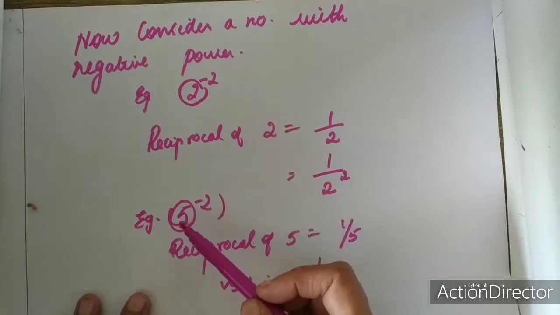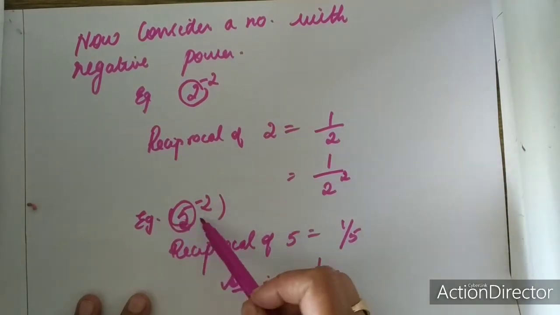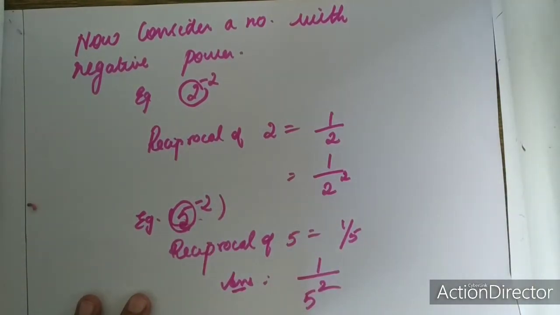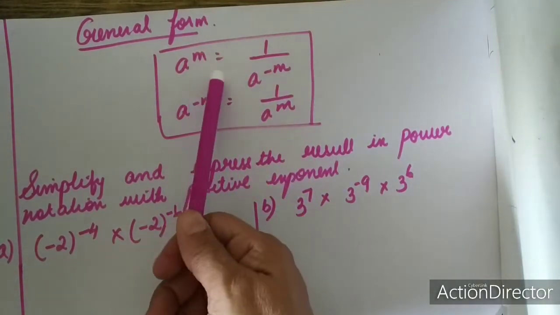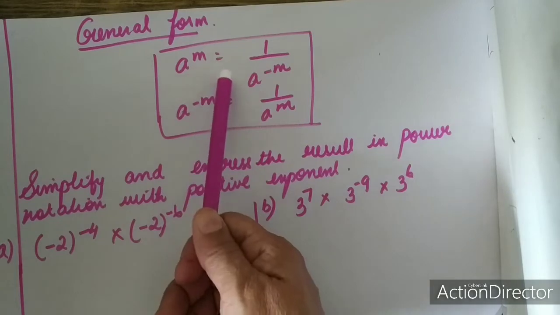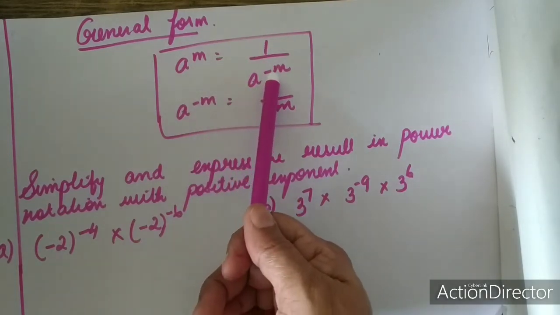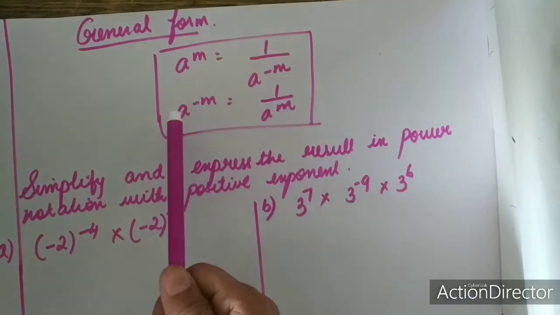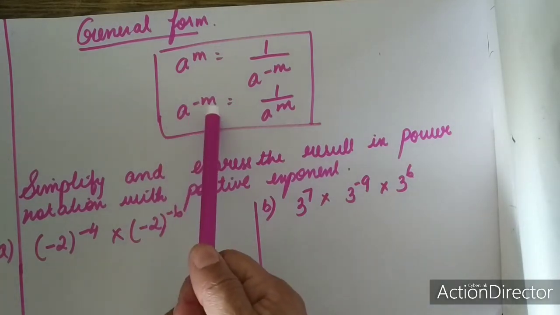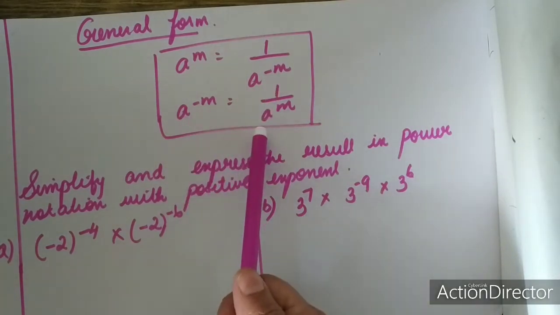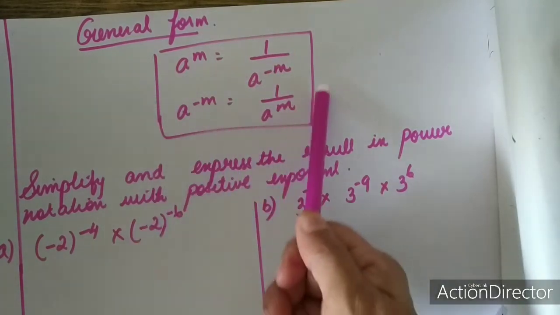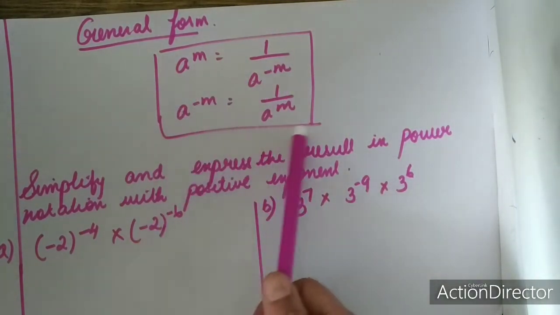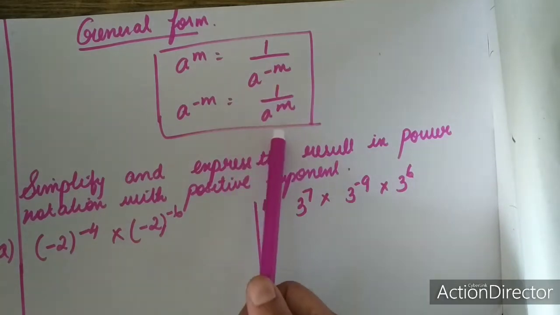You just have to reciprocal the given number. So the general form of negative exponents: if the power is positive and you reciprocal the number, the power becomes negative. At the same time, if the power is negative and you reciprocal the number, the power becomes positive. These two general forms you have to remember whenever you are solving sums.